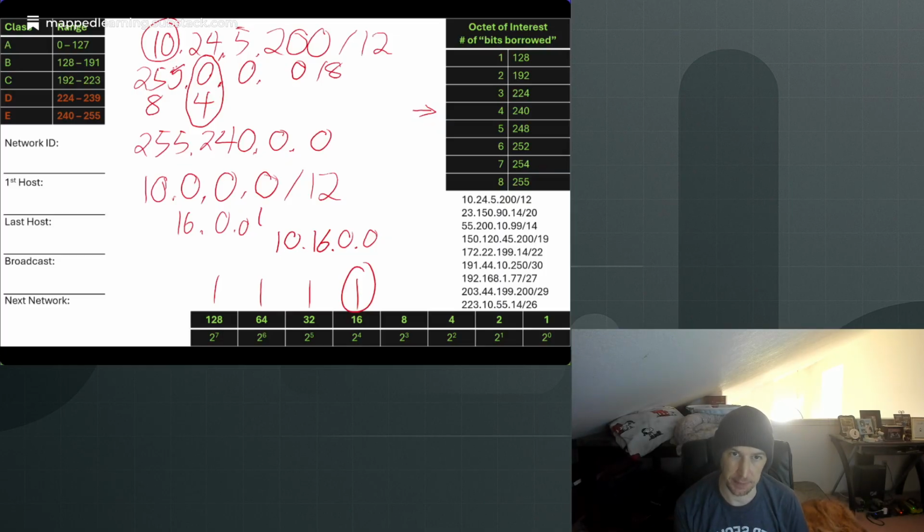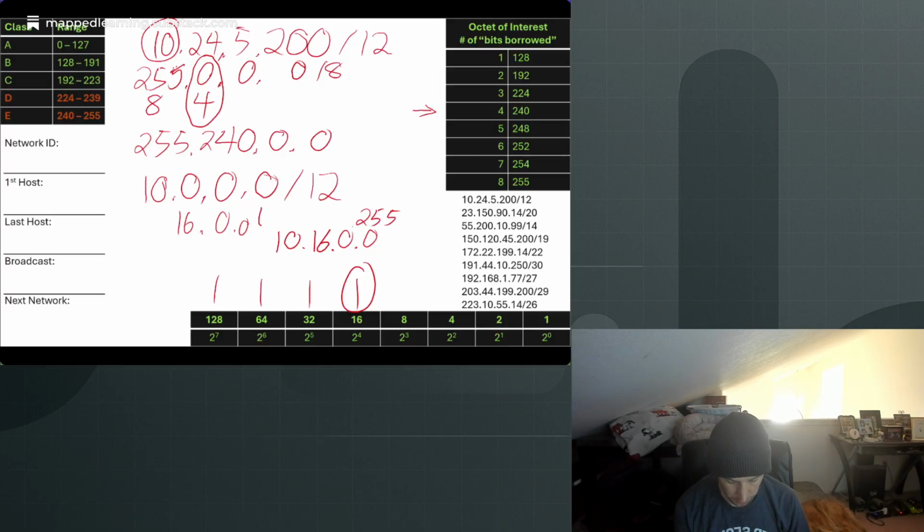Subtract one binary bit from the host. If we subtract one binary bit, what does that give us? Well, 1 less than 0 when we're talking about octets makes it 255. Just like if you were subtracting 1 from 10, you can't take 0 from 1, so you borrow from the left and carry over.